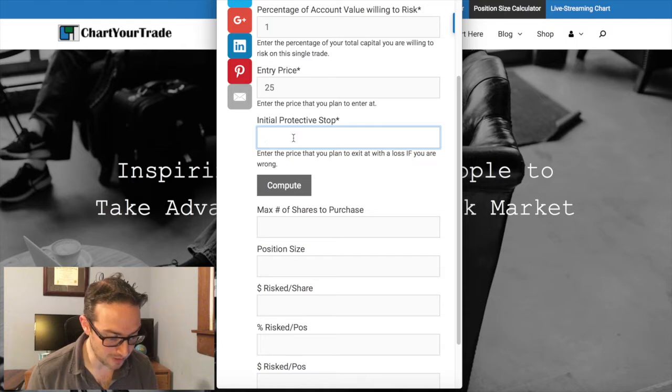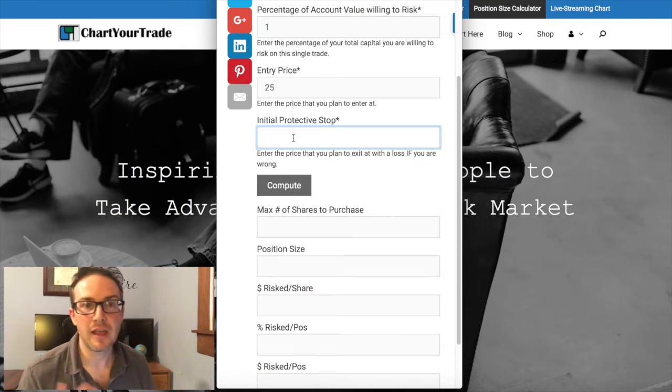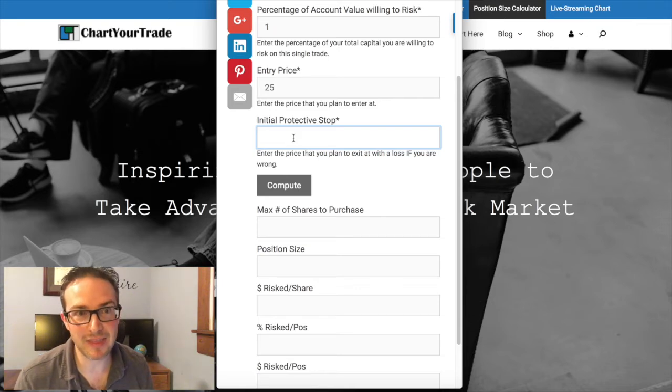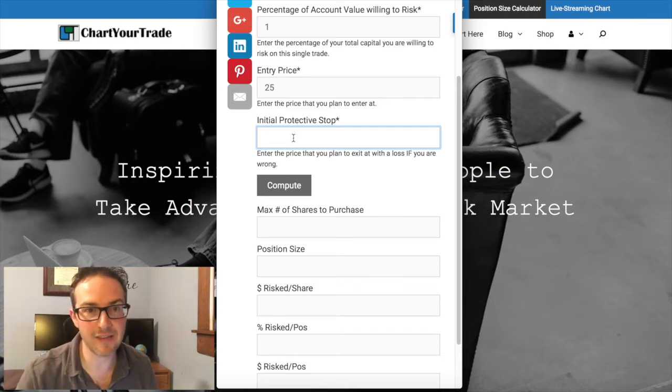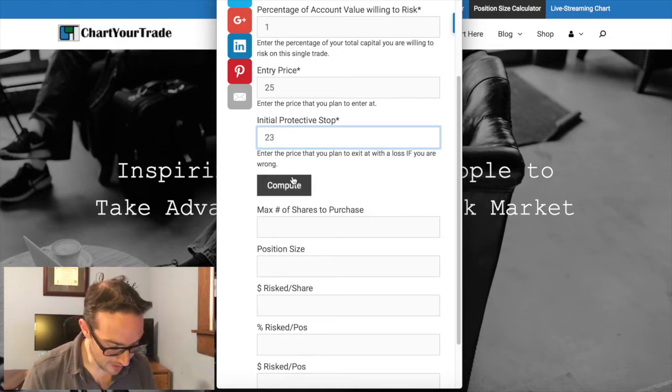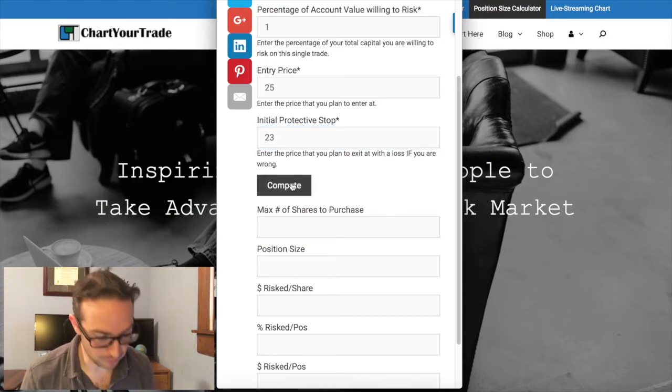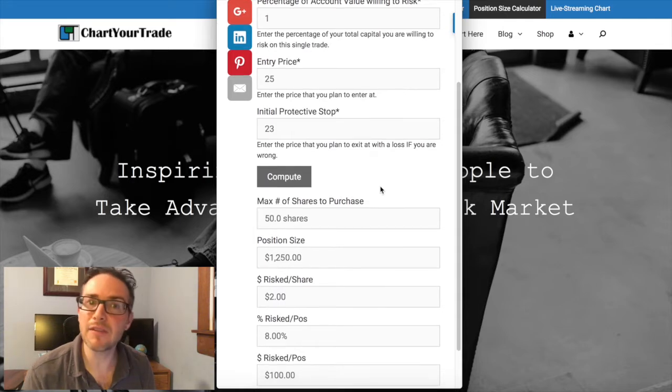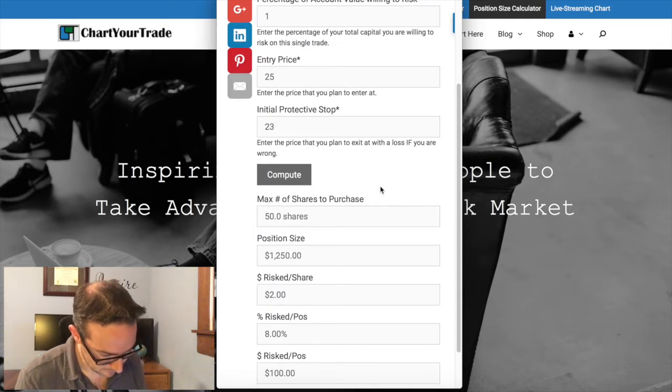Doing this on the fly. And let's say that we've identified our initial protective stop, that first place where we would exit if the trade turns out to be wrong, at $23. Right? Let's see how many shares we could buy.